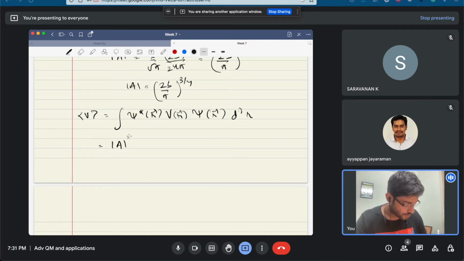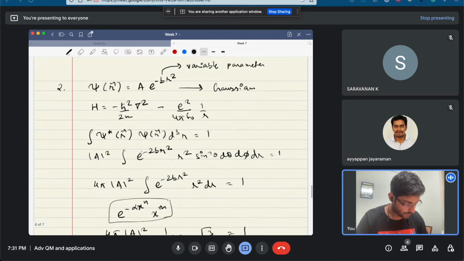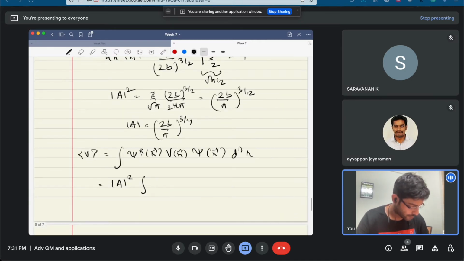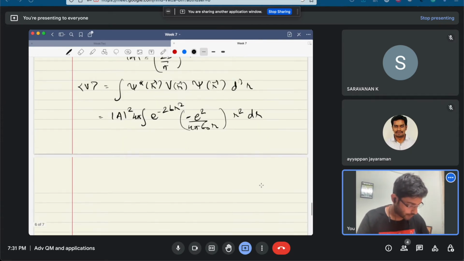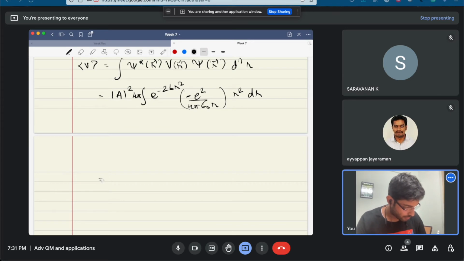So we get mod A square outside, that's a constant term anyway, and we just place all other terms. So we have psi as e to the power minus b r square, which becomes, the two of them combine to become e to the power minus 2b r square. We can take the 4 pi out and we just have the r square here. Okay, so we then have minus e square by 4 pi epsilon naught r, times r square dr.